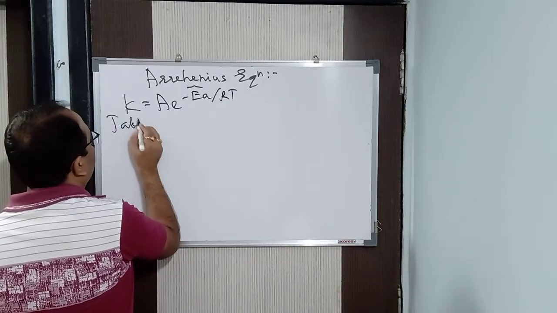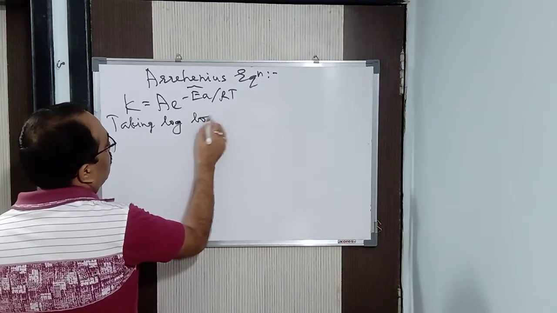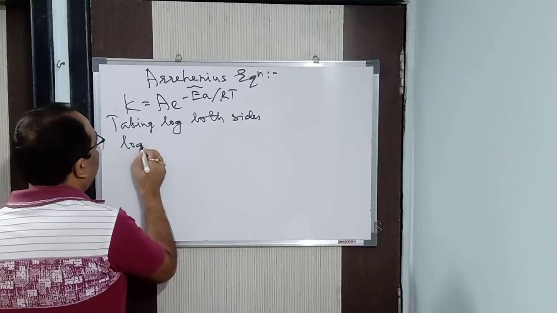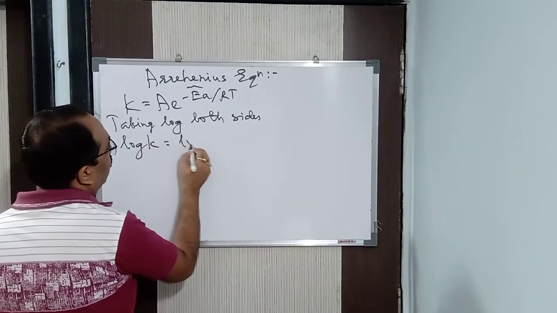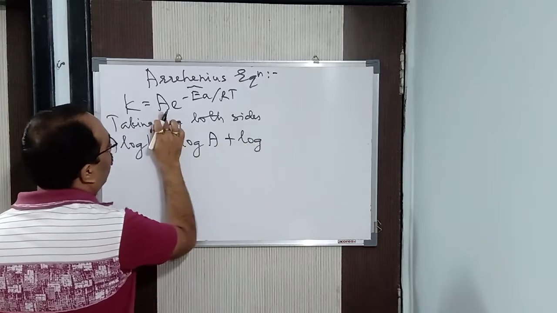Now, taking log on both sides, that is, multiplying log on both sides, what will happen? This will be log k. This will be log A plus log e to the power minus Ea by RT.